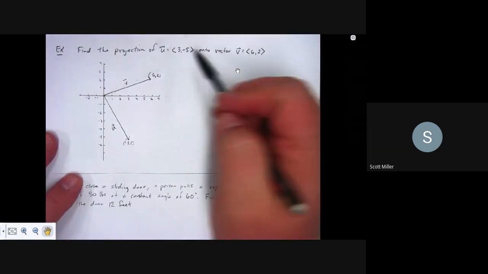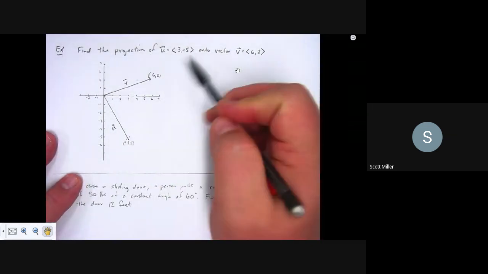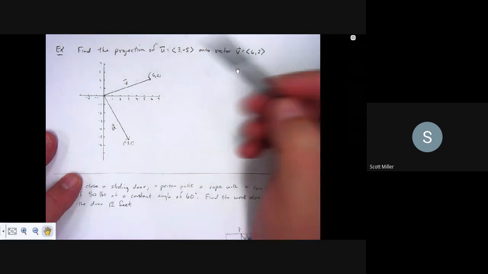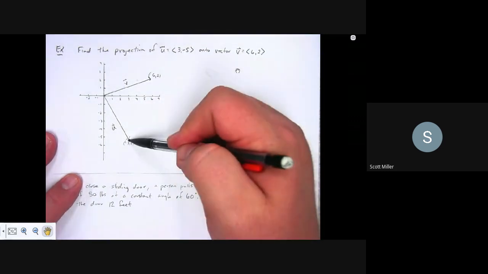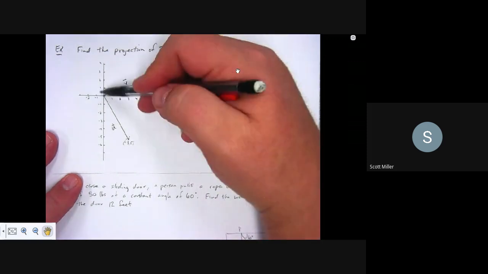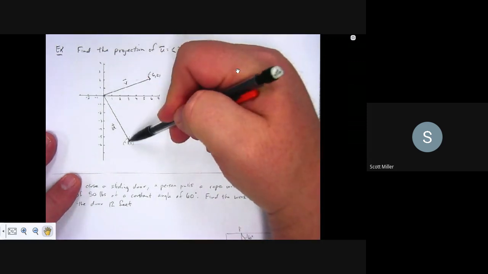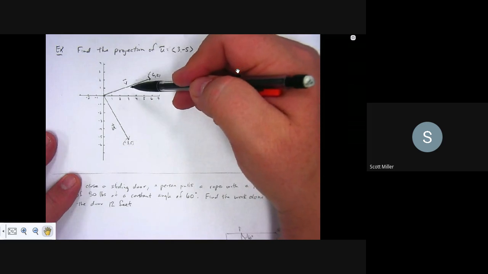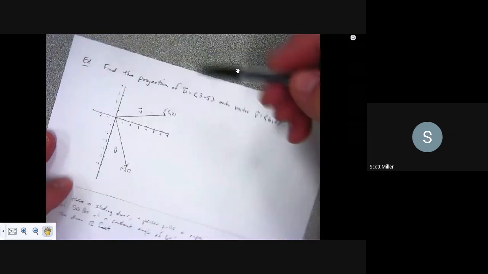So first thing I did is I drew both vectors. Here's vector u and vector v. And I want to know the projection of u onto v. How much of this vector right here can be projected into that direction? Okay, so what you do is you drop the perpendicular.